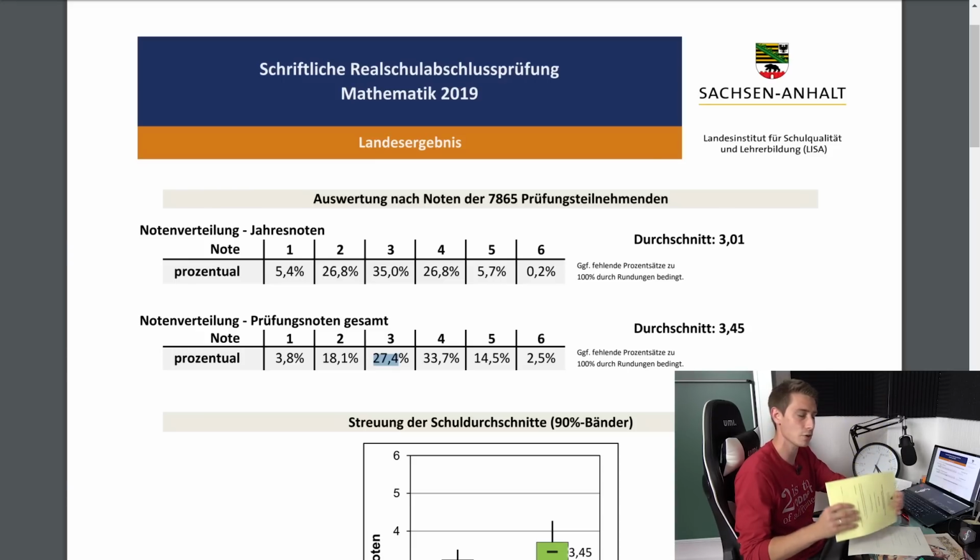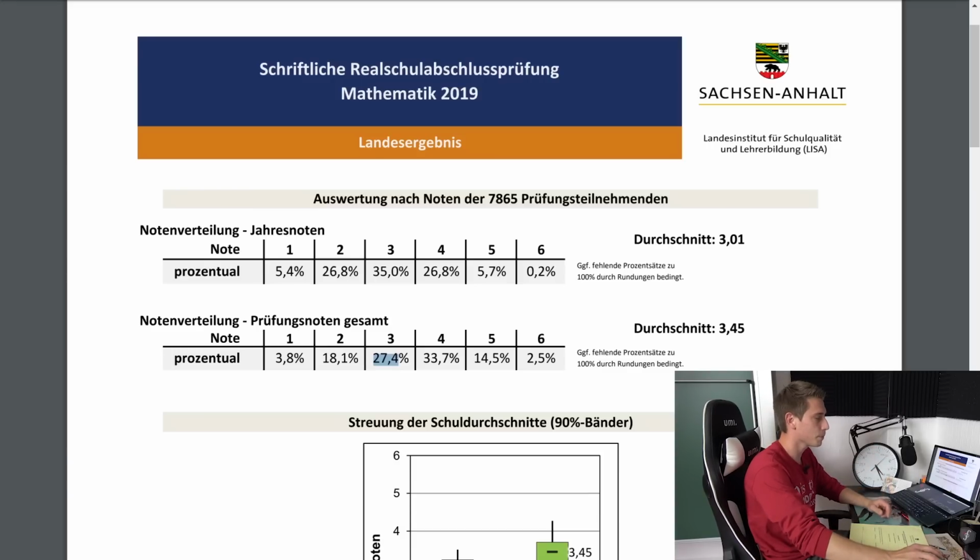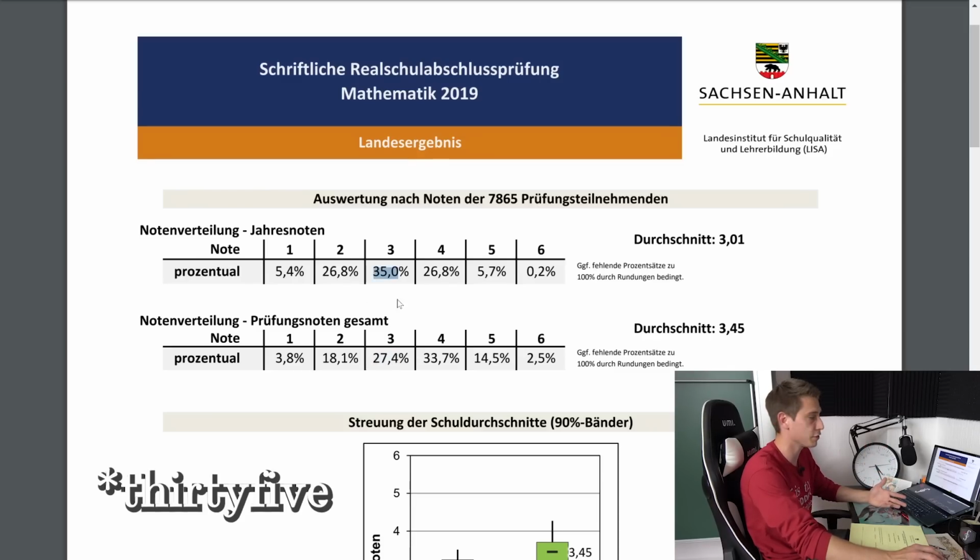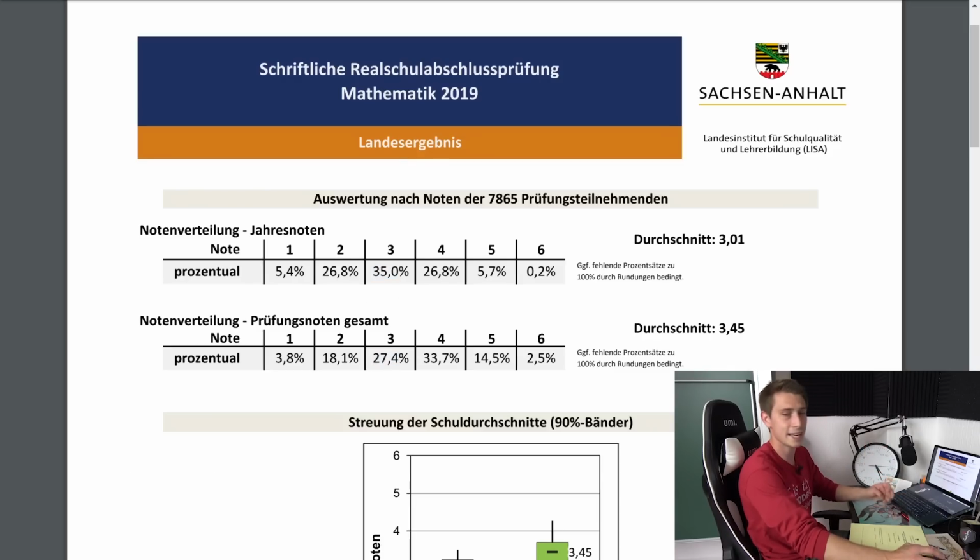I think there's pressure on them and all of this stuff, but just listen to that. Most people score worse than they could possibly do. 27% instead of 55% score grade number 3. And here comes the worst part. All the people that score worse obviously are in the latter half of the grade distribution here, and 33% score the grade 4.